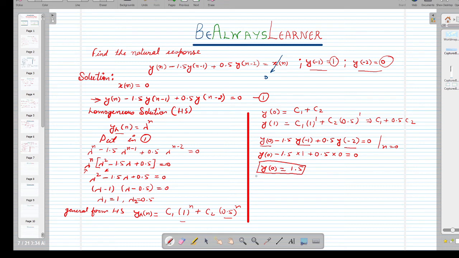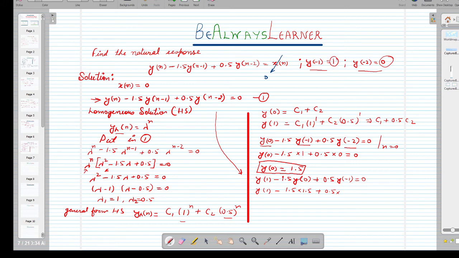So that is we are having the value of y0. So after solving it, similarly we can calculate the value when n is equal to 1. So we can have this equation that y1 minus 1.5 y0 and plus 0.5 y minus 1 is equal to 0. Now the value of y at 1 we have to calculate: 1.5 y0, we have calculated, that is 1.5, plus 0.5 into y minus 1.